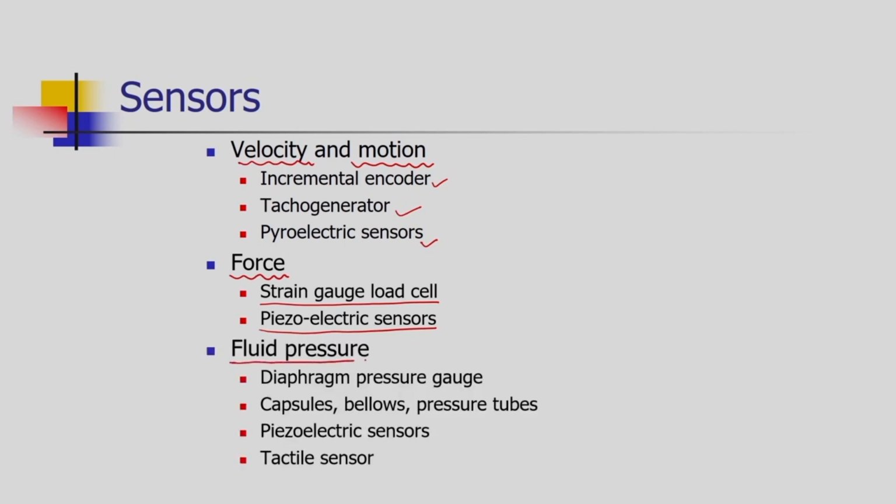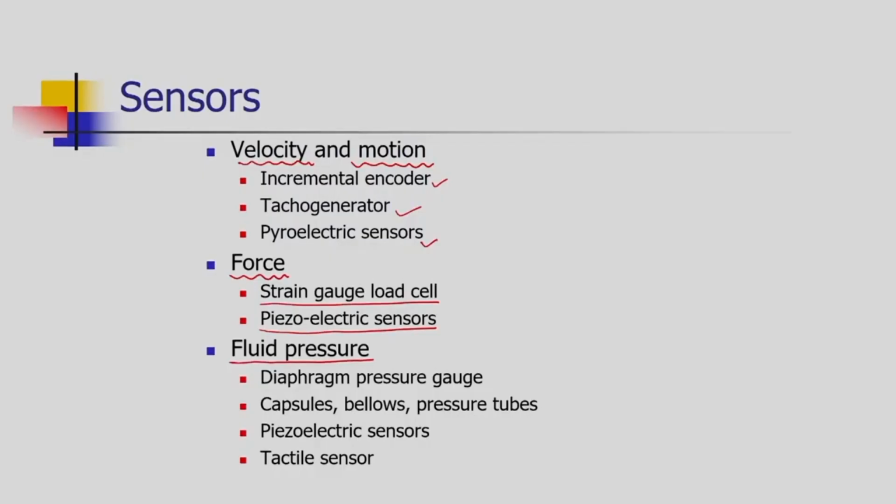In automation, there are a lot of fluids being used. It may be a gas or it may be a liquid. In gas, air or some other gases may be used for the applications, or in fluid it may be water or some chemicals or it may be a syrup.